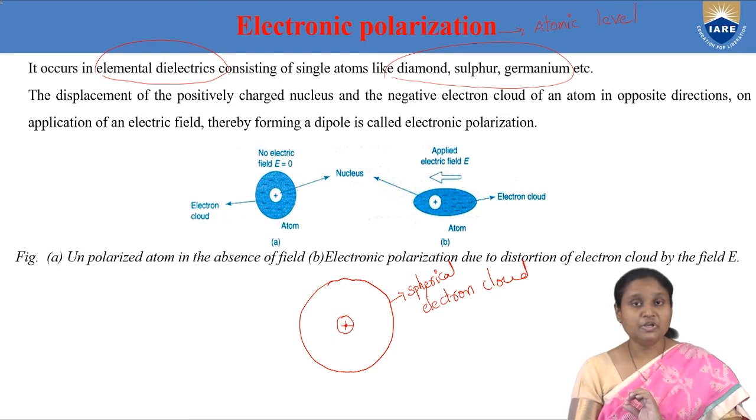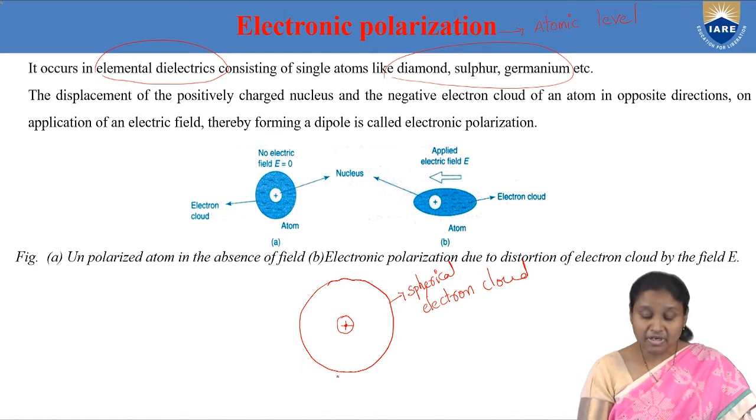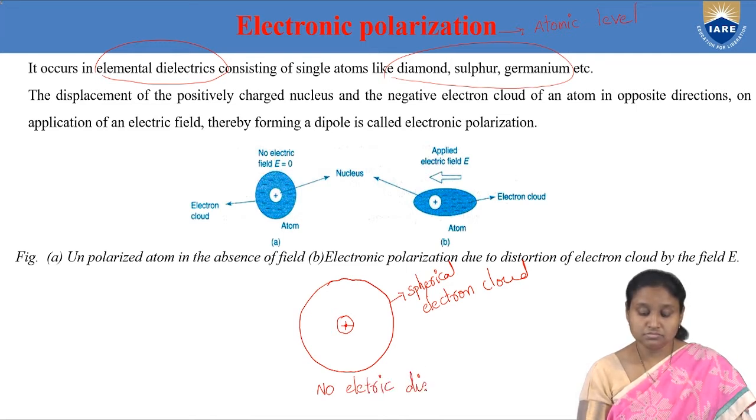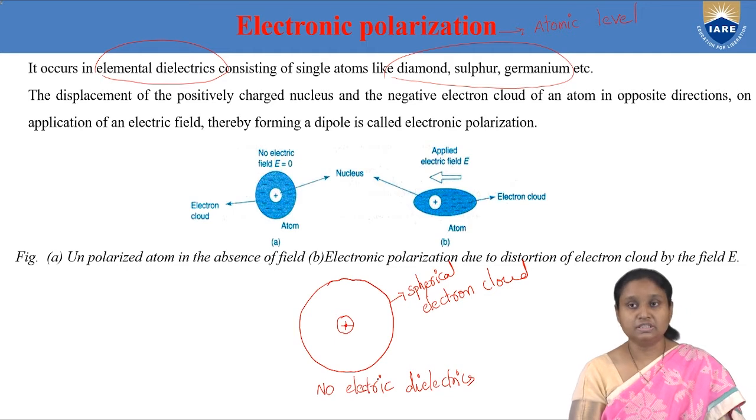So there is no separation of charges. That's why each atom is not in the state of polarization. This is the case when no electric field is applied.